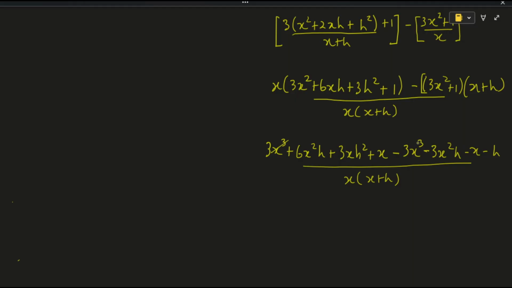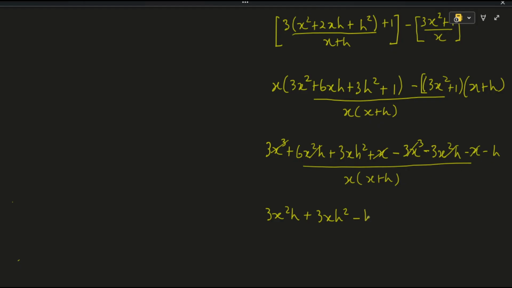So if I am to expand, we're going to have something like this. So this cancels this out. 6x squared h and minus 3x squared h, we're going to be left with 3x squared h. So this and this goes off. We have this here. The x goes off.